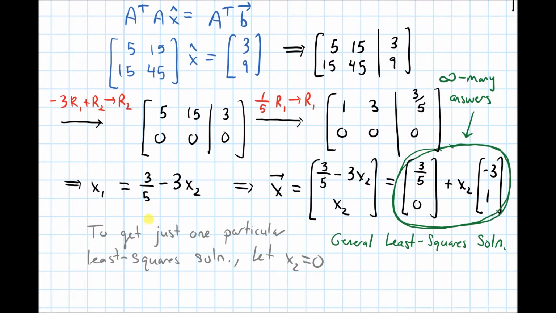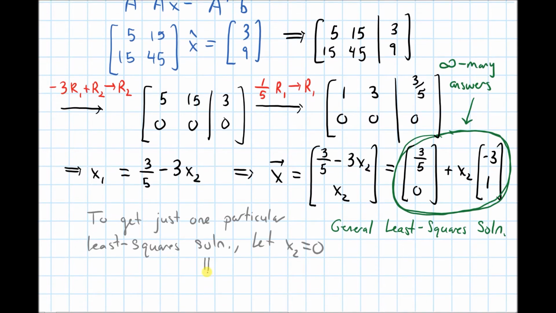And if we let x2 be 0, x hat is just the vector 3/5 for the first entry and 0 for the second entry. So that would be one particular least square solution. And just to fix my notation from earlier, it would have been better if above this x, we had written x hat. So this indicates that we found the least square solution. So I should be writing x hat there.